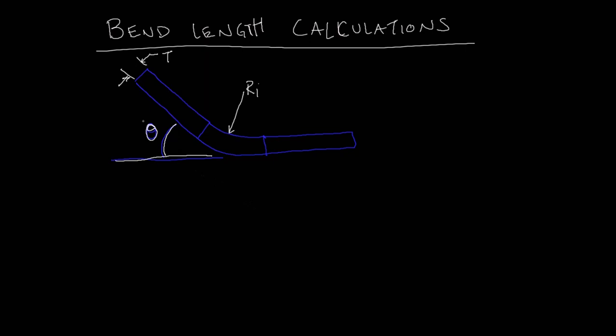But as you can see, on the outside radius, the material is longer than the material on the inside radius. So if you were to flatten this out, what would be the length of this radius section?